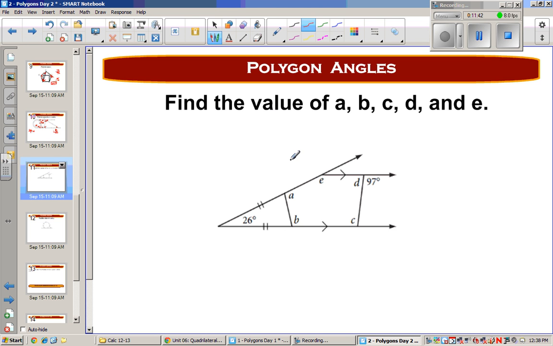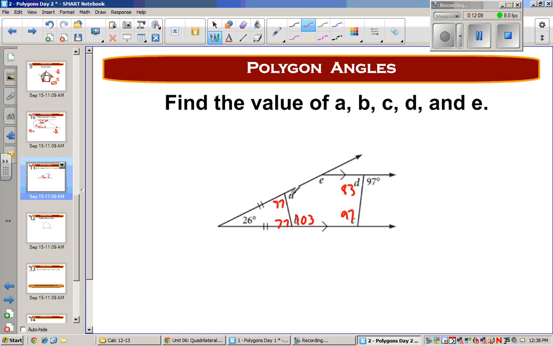All right. On this one, 97 and C are alternate interior angles. 97 and D are a linear pair. So that would be 83. To get these two angles, I'd take 180 minus 26 and then divide 154 by 2. So each of these is 77. If each of those are 77, I subtract that from 180.